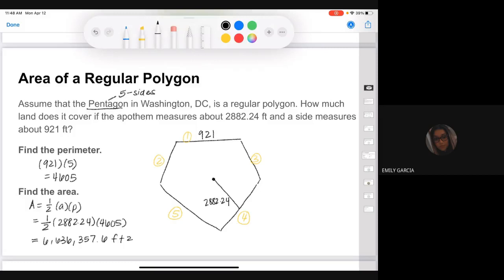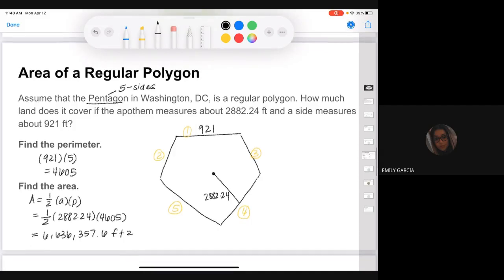And that is telling me the area of my entire pentagon, so in this instance, how much land it covers. So in some instances, you may be given your A and P directly, or you'll be asked to identify the perimeter before you can plug it into your area equation.